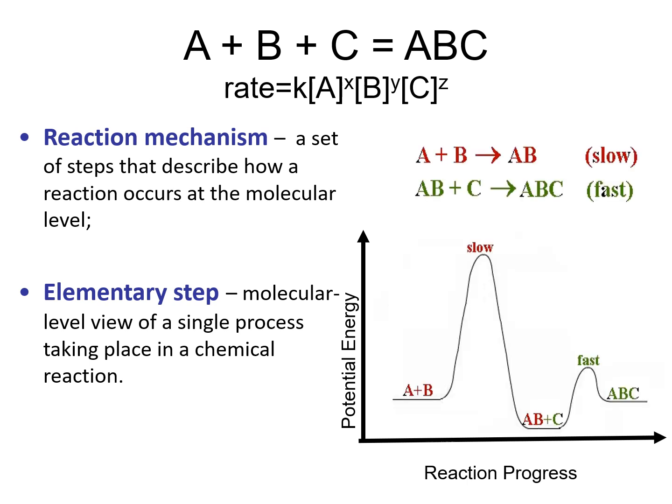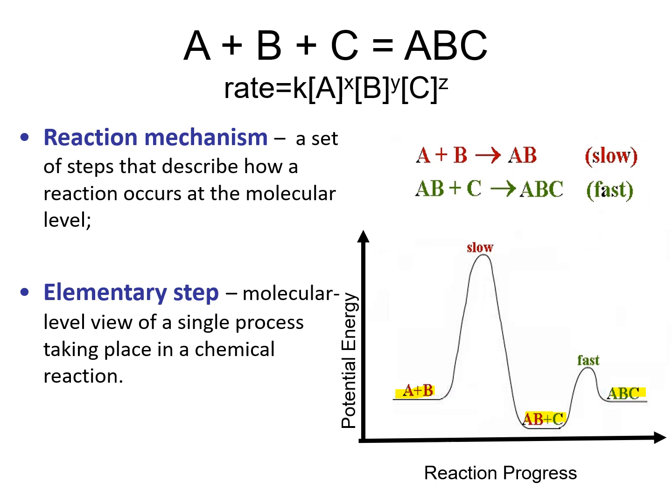Each elementary step is going to correspond to one hill, right? So if you have 2 elementary steps, like in this case, you are going to have 2 hills. What you have here are the reagents, what you have here are the products, and what you have here is the intermediate.